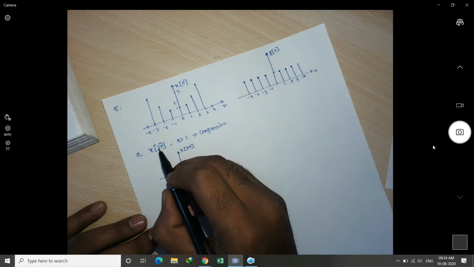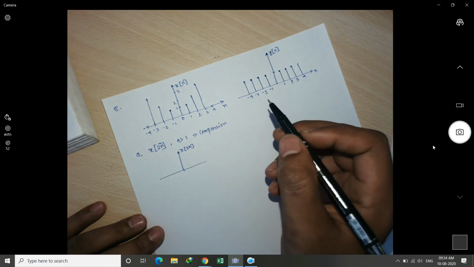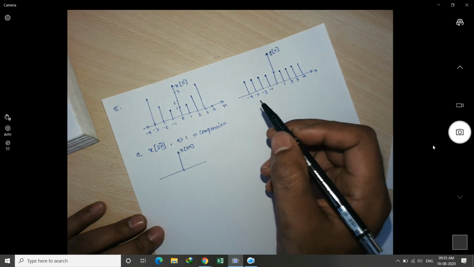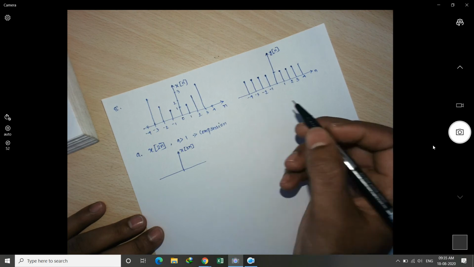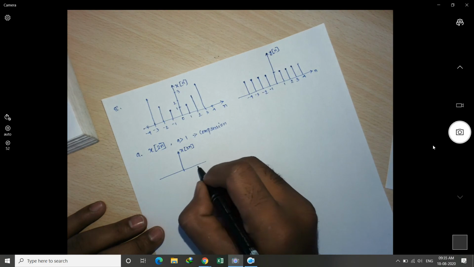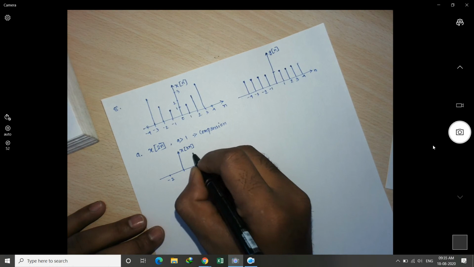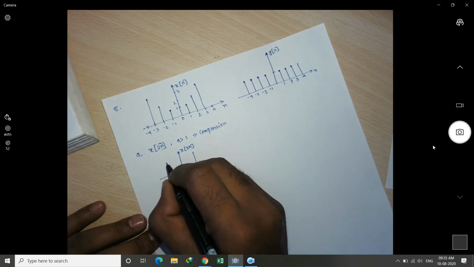So where we get an integer value as the result of that division, that location we need to consider. So the first location will be 2, and here also it will be 2. So these samples we need to take.